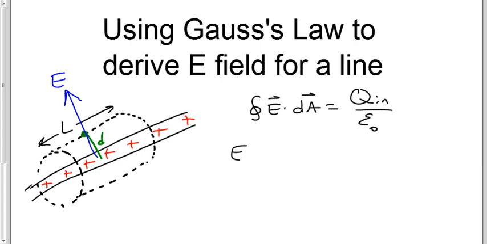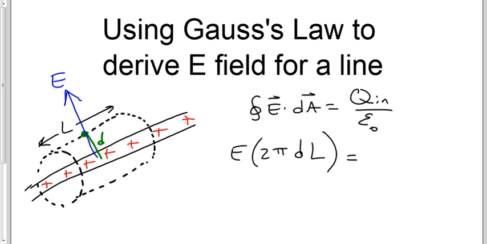Well, notice that the end caps of the Gaussian cylinder are not being pierced by the field lines at all. They're just skimming right by. So those don't contribute anything to the flux. But the area of the wall is completely pierced by this outward field. So what is the area of the wall of a cylinder? This you would just have to know, a little geometry. It's 2 pi times the radius, d, times the length of the cylinder, 2 pi d L.